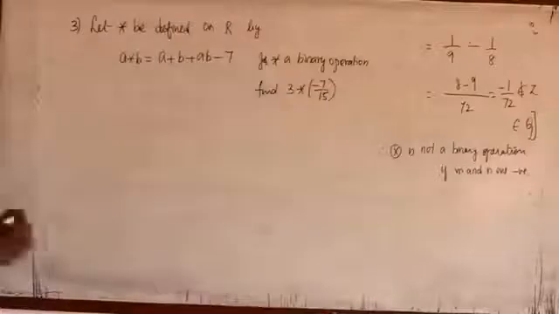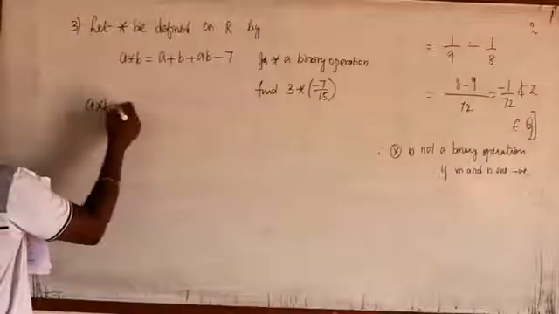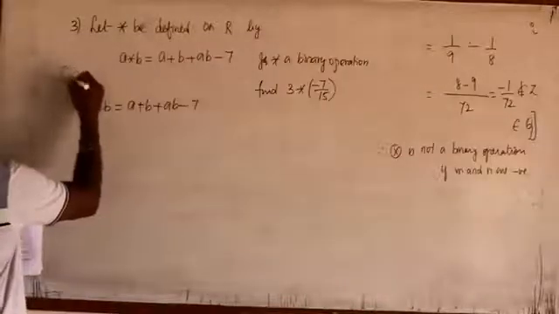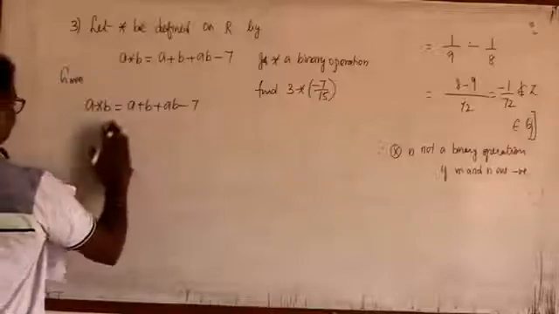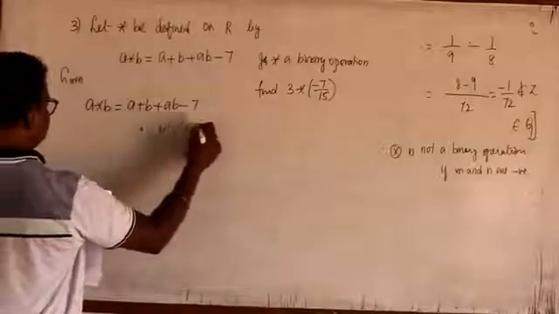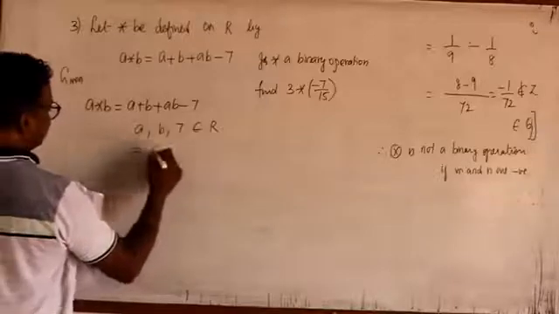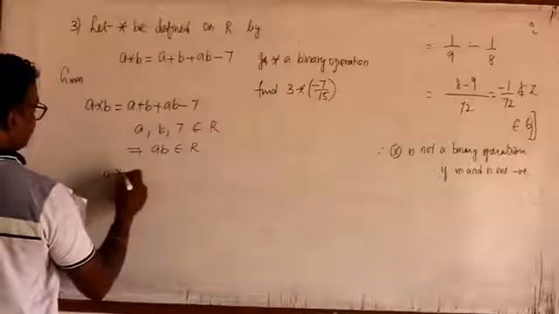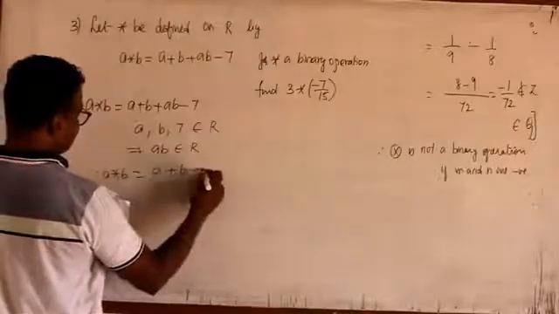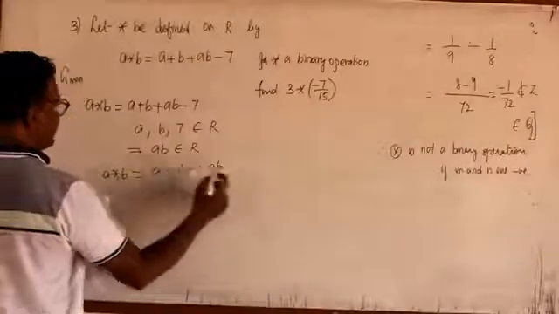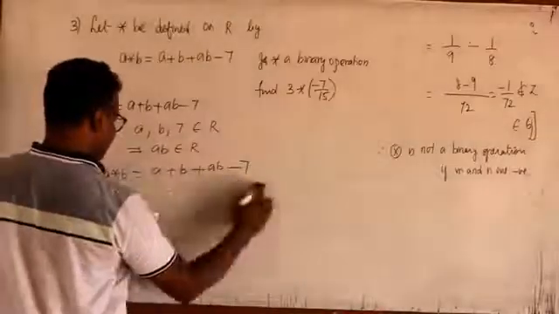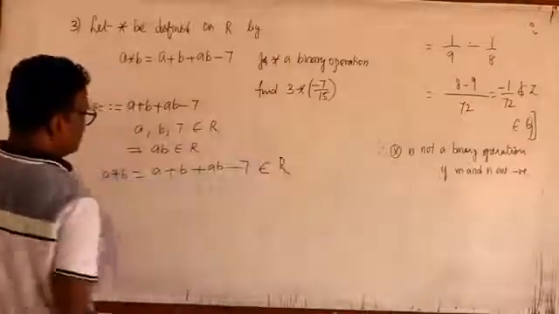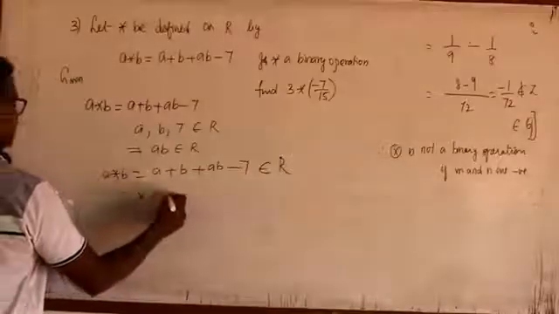Here given A star B equal to A plus B plus AB minus 7. We know A, B, 7 belong to R. Then this implies AB belongs to R. Therefore, for A star B, I have to add two real numbers, multiply A and B, add, and then subtract 7. Whether it is positive, negative or 0, even if it is a fraction, definitely this belongs to R. Therefore, star is binary.